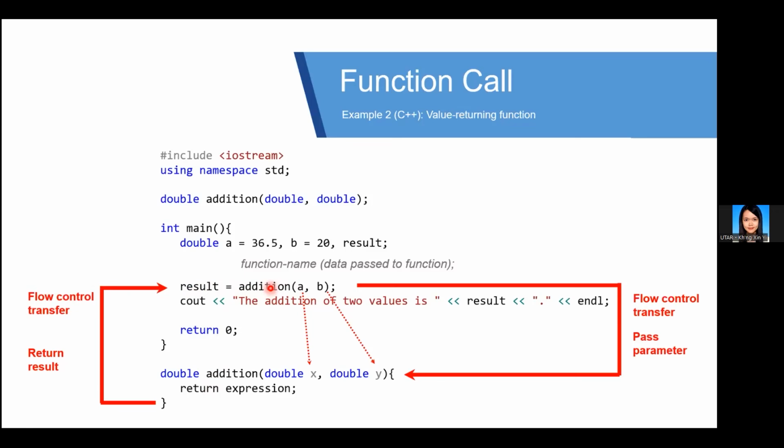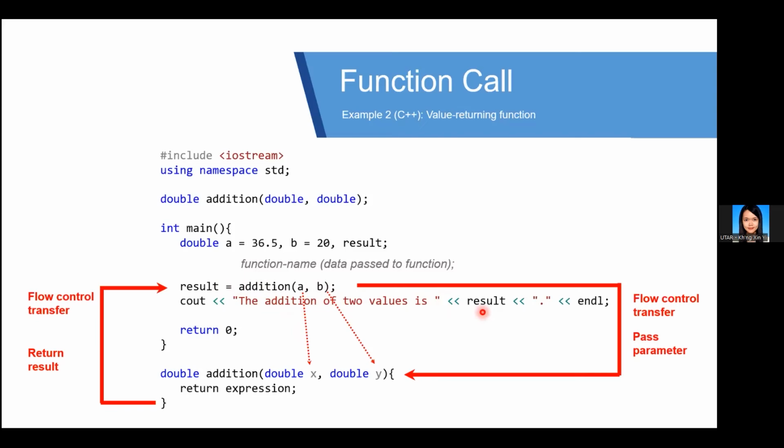So in this case, we store the return value in this result variable, so that later on you can just use cout to do the printing, because cout is mainly used for printing. It will find what is the value currently stored in this result variable, and then it will show the answer to us.